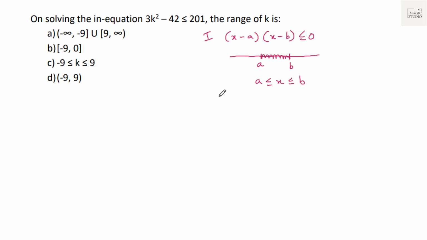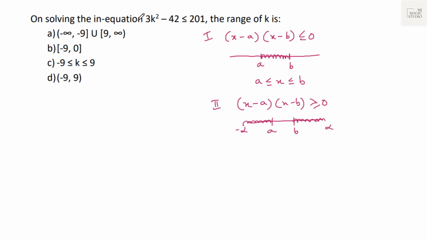This is type 1. In type 2, if we have x minus a into x minus b is greater than equals to 0, then also we will plot a and b, but then the domain will be from minus infinity to a and from b to infinity.